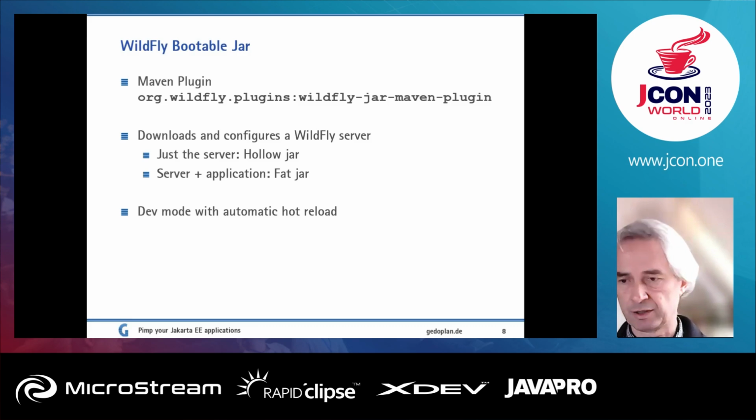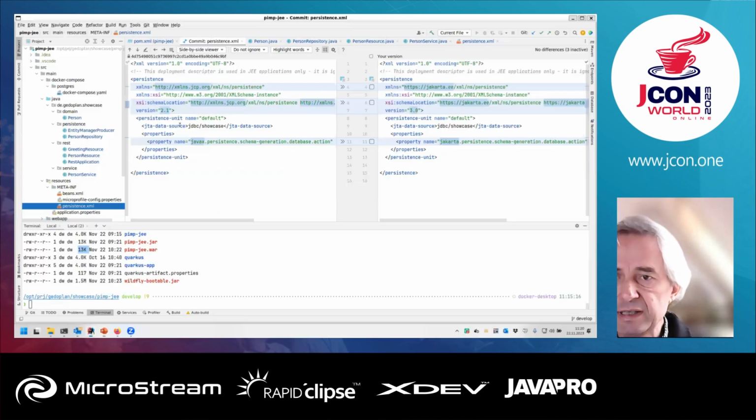That's your choice. You can configure it in your project. And there's an additional nice feature. WildFly Bootable Jar offers a dev mode where you can run your application and develop at the same time, and changes are reloaded into the application. I will show that. Let's have a look at this possibility.